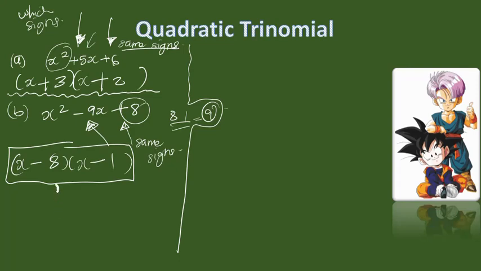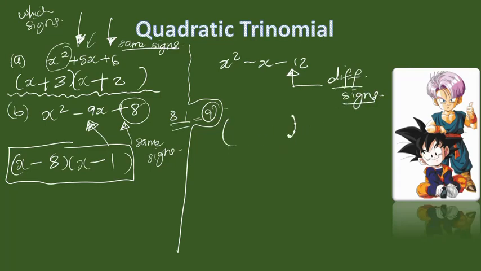Right. So let's say again we have x squared minus x minus 12. What does this negative on the 12 tell you? It tells you that you will have different signs, right?